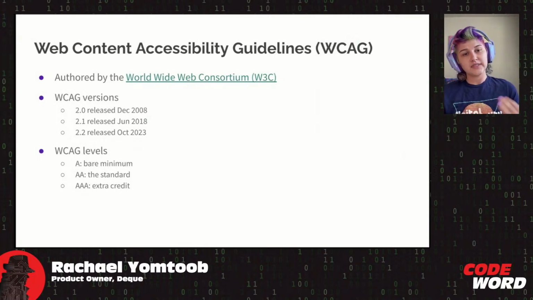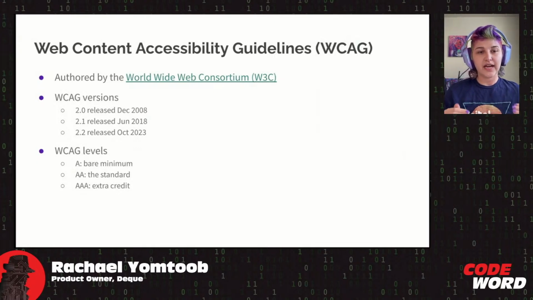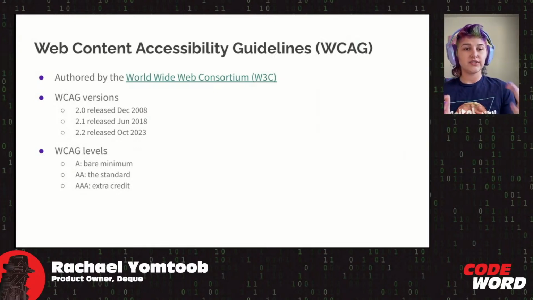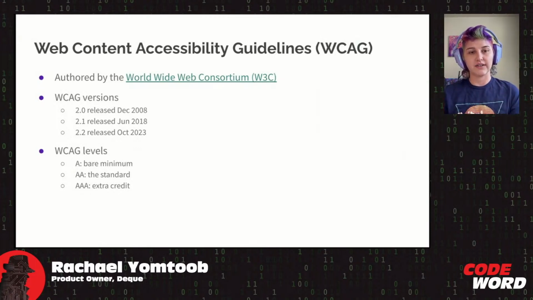Once we have the different versions, we also have levels. Each version of WCAG has different levels, and each criterion falls within a certain level. AA is seen as the group of criteria in WCAG that is the standard that should be complied with. Level A would be less than that, so fewer criteria.